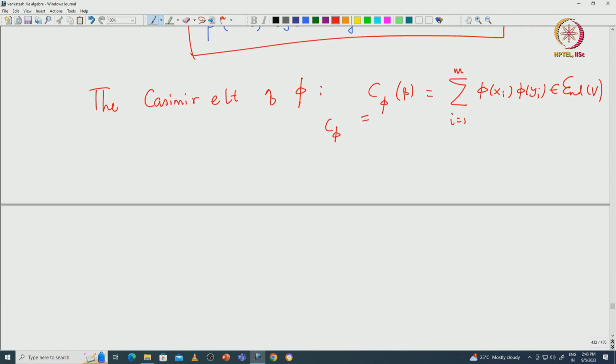So, what is the important fact? The fact, which we will check now, is that this element C pi, which is inside the endomorphism of V, commutes with the action of G. What is the meaning of that?